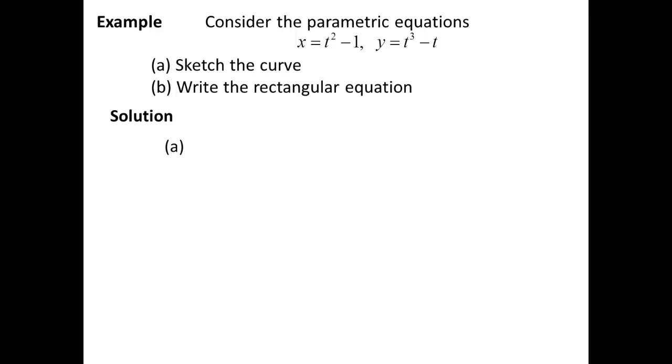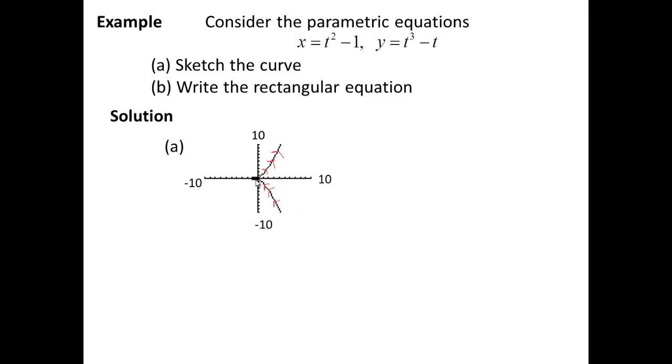And this is the graph I get when I do that, with -10 to 10 on the x-axis and -10 to 10 on the y-axis. And when I did the graph, this was the orientation. I saw the graph come in this way and then head out that way. So we have to make sure to put our little arrows on there for the orientation.